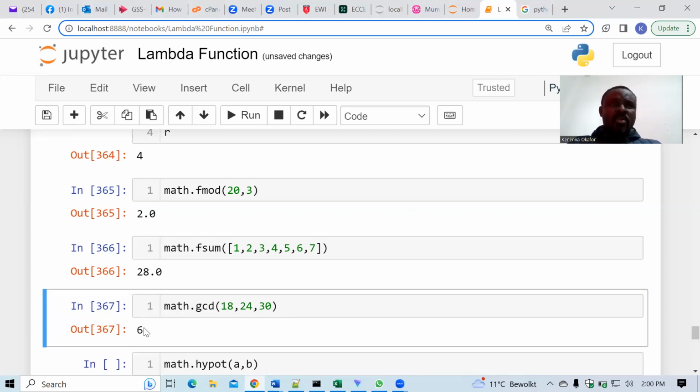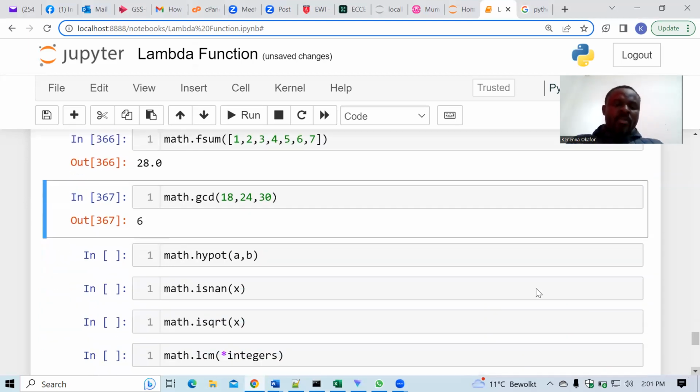I'm drawing attention to something. Just take note of the data type of the return value. It's an integer in this case. Okay. All right. Now, what about the hypotenuse? Please, when calling this function, the identifier is hypot, not hypotenuse, even though it refers to the hypotenuse. That is the square root of the sum of the squares of the arguments, right? So the arguments could be the base and the perpendicular side of a right angle triangle.